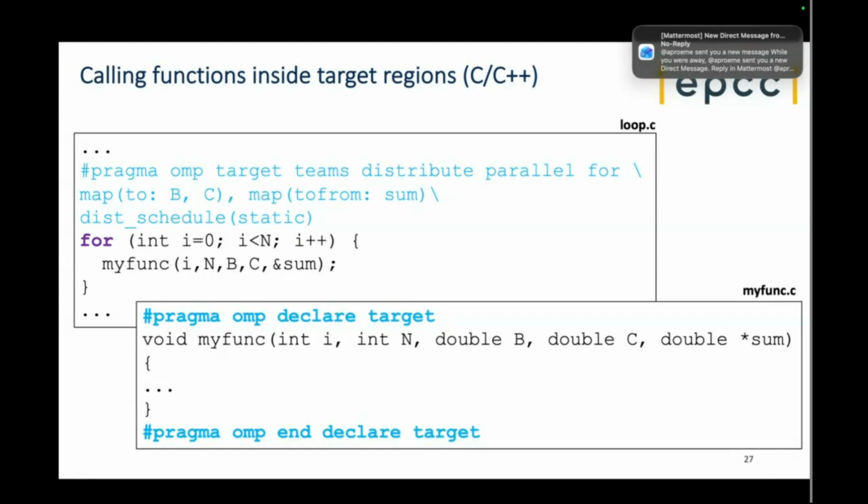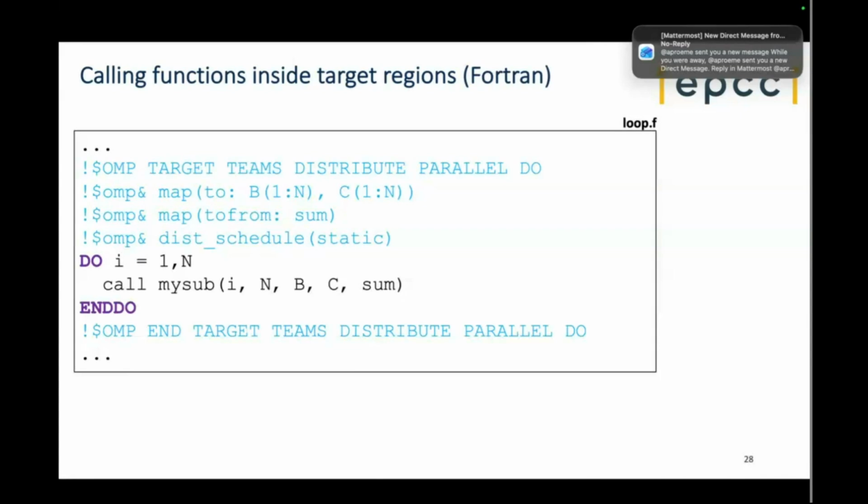Essentially, when the compiler wants to encounter the call to your function, it needs to know about it. The way you tell it that the function exists somewhere and you want it to be on the GPU is by declaring it. So you have to add the declare target, and then you can use it on the GPU. So yes, essentially atomic is the only way to synchronize across teams.